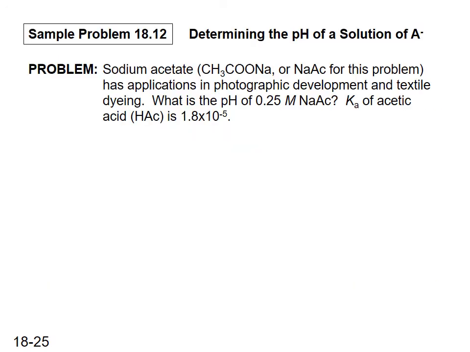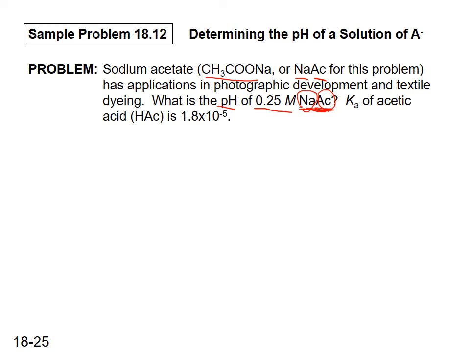Sample problem 18.12. Sodium acetate has a concentration of 0.25 molarity. And the question is, what is the pH? So first we notice that sodium acetate is a salt of sodium ion, and the anion is acetate.